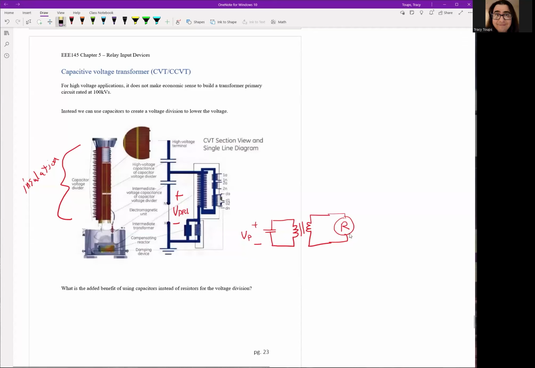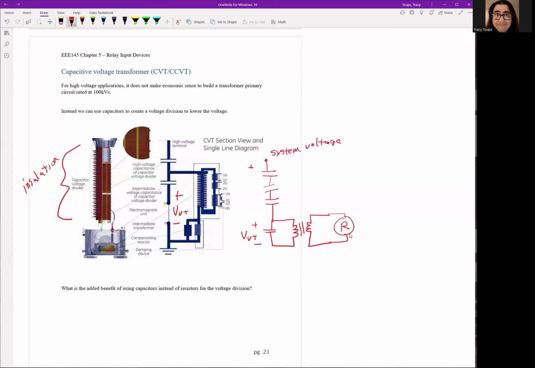Actually, no, I probably shouldn't say primary, that might be confusing. So this is your voltage to the VT itself, the VT directly. And then you have another couple capacitors, usually multiple in series, and this is to the system level, system voltage.